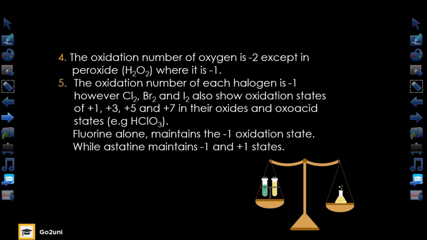And this is when they are seen in their compounds like the oxoacids and the oxide forms. So in their oxides and oxoacids, they exhibit oxidation states of either +1 or +3 or +5 or even +7, depending on the compound in question. So this is what we should know.